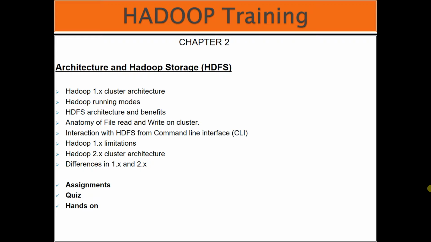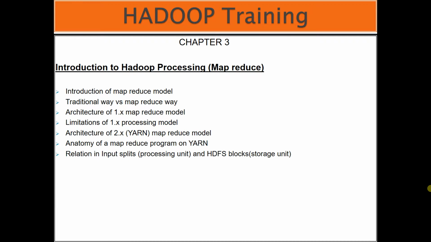In chapter 3, we'll go for processing. Like chapter 2 was storage, now we have processing, which is a MapReduce model. So we'll talk about the MapReduce model, what is this, and how this distributed model helps to process the big data.